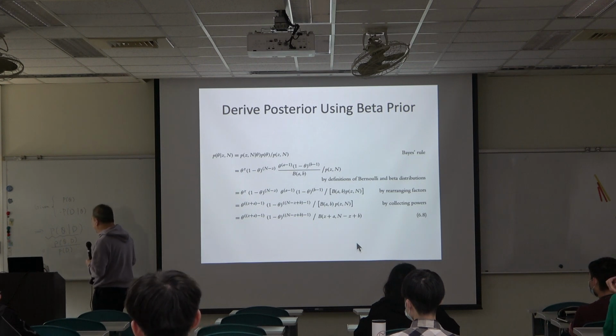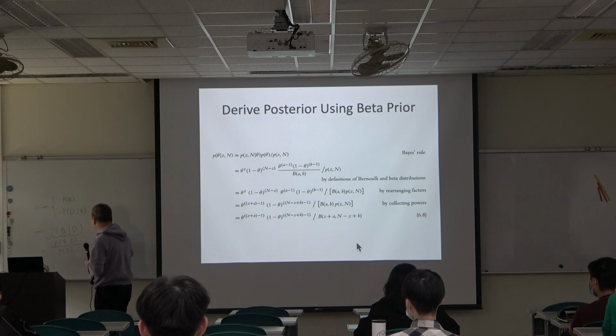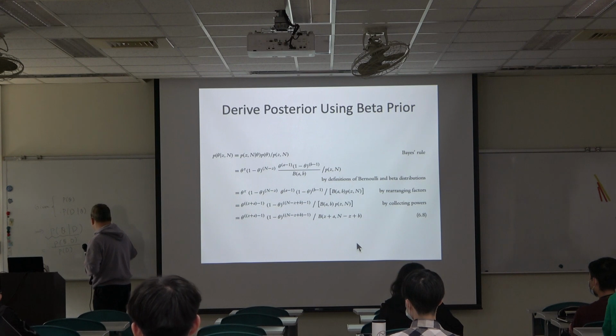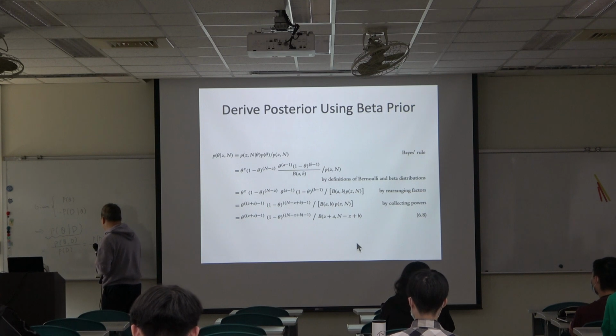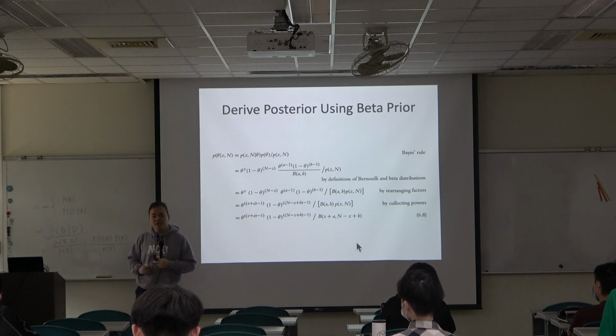And the upper one is going to be P(d | theta) times P(theta), divided by P(d), right?